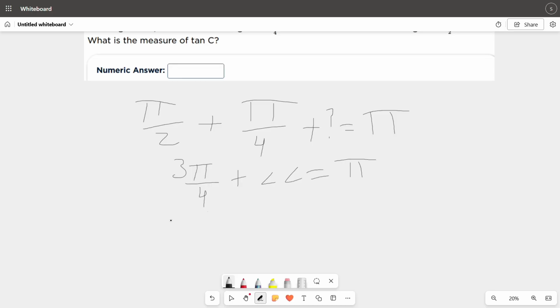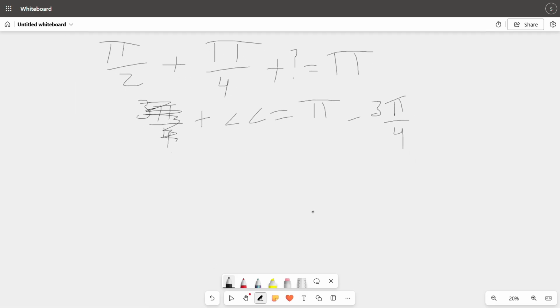Subtract 3 pi/4 on both sides. Okay, so pi minus 3 pi/4, we can multiply pi by 4 over 4, so that'd be 4 pi/4 minus 3 pi/4, that would equal pi over 4.